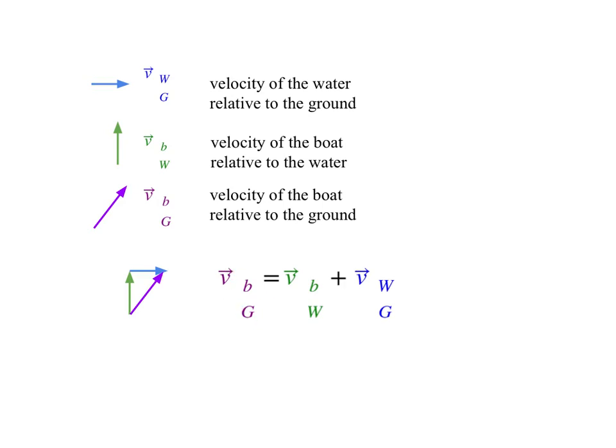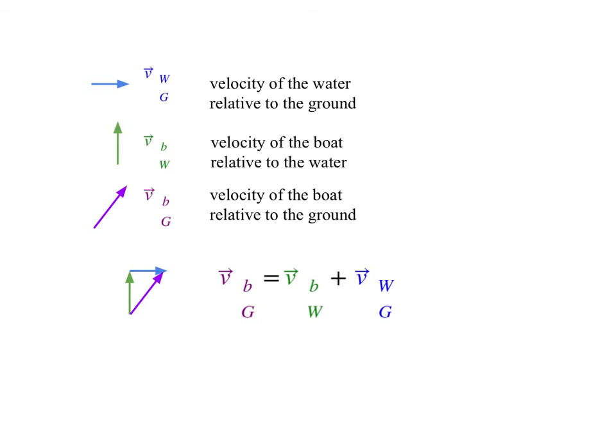And the equation, we still want to contract these indices. So we get that VBW, velocity of the boat as measured by the water, plus the velocity of the water relative to the ground, gives me the velocity of the boat relative to the ground. But now this is a much deeper equation than it was 2 or 3 slides ago, because it's not one-dimensional. The directions can't cancel out because they're not all the same.